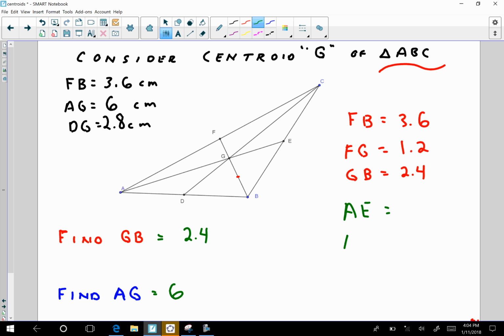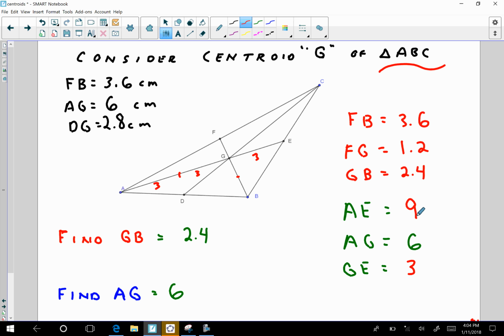By the segment addition postulate, AG plus GE has to equal AE. AG is 6, and that's 2/3 of the median, so both of these little sections will be 3. Therefore GE would be 3, and it's easy to see that AE is equal to 9.